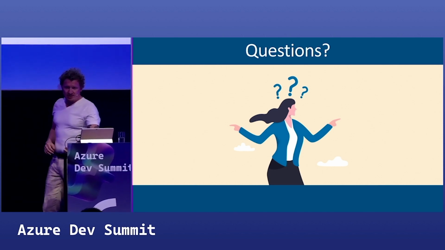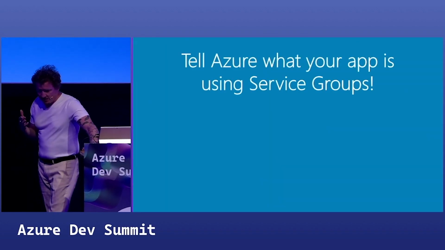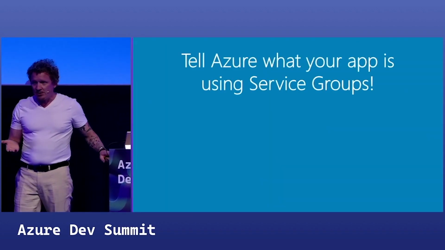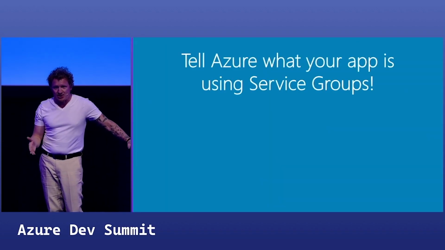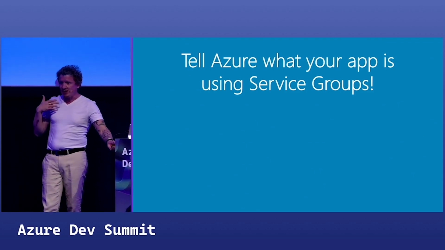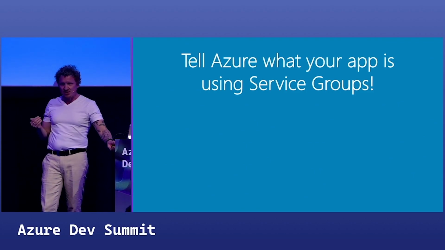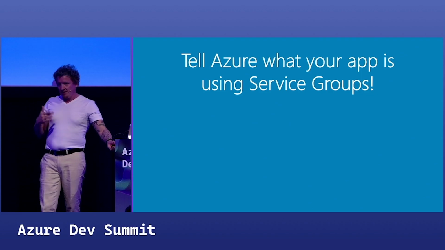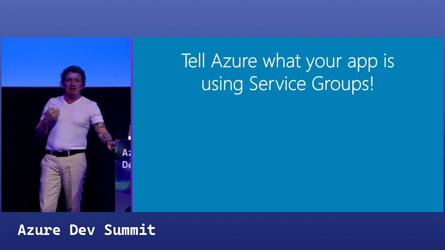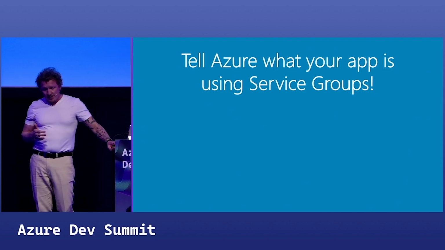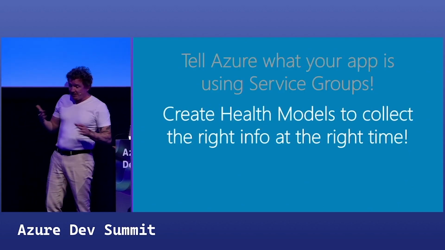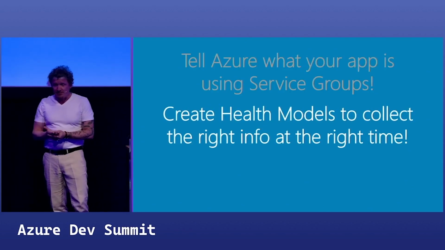Then I will summarize to say that first we tell Azure what is the application specifically, based on creating service groups and listing our resources as members of the service group. You can have dynamic discovery. You can have explicit setups for it, depending on your flavor. Then you create health models to collect the right information at the right time.